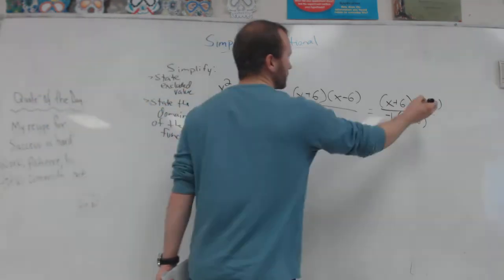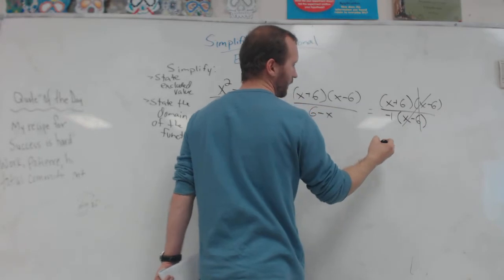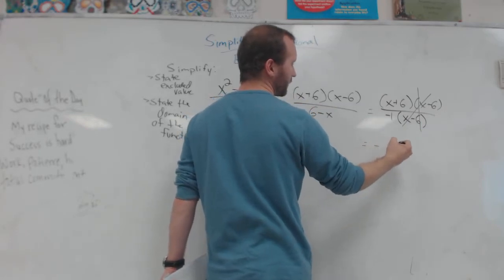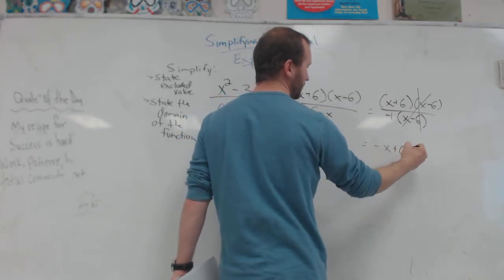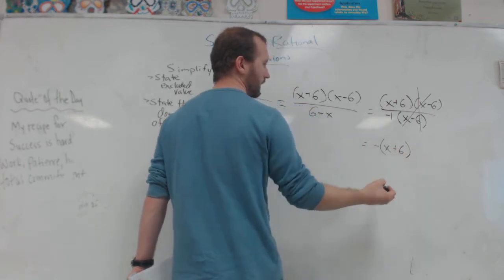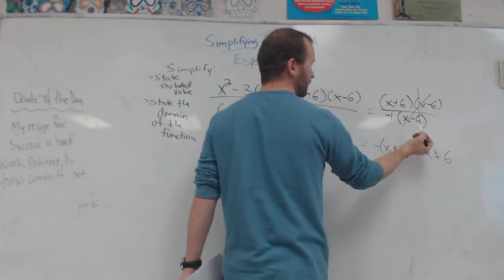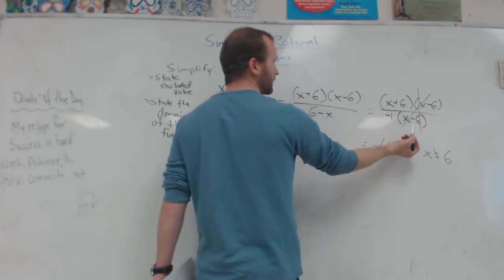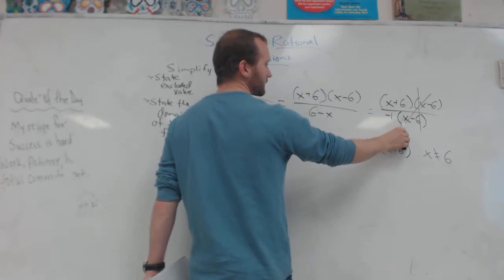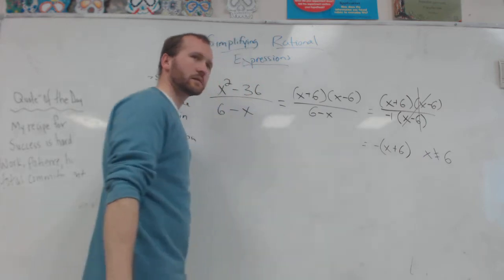Now I can cancel this out. And I would just have negative x plus 6 as long as x does not equal 6. Because I canceled out x minus 6, and 6 minus 6 will equal 0.